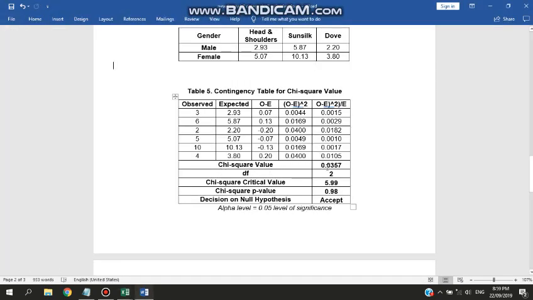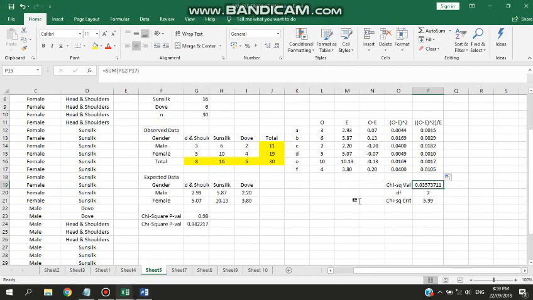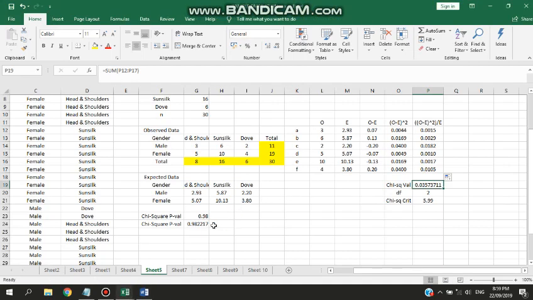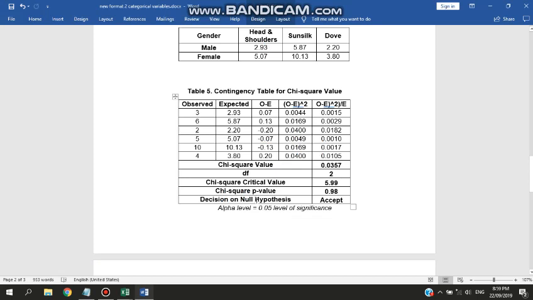So the chi-square value, this is it. Degrees of freedom. The chi-square critical value, you have to find on the chi-square distribution table. The chi-square p-value is this one. And the last row, the decision on the null hypothesis.